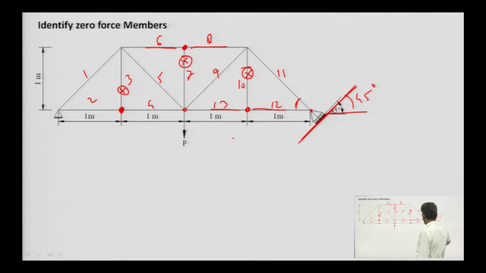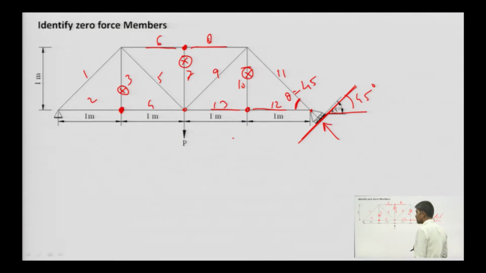And what is this angle? This angle is also 45. Why 45? Because the length of this vertical member and horizontal member is 1. So, this angle theta will also be 45 degrees.